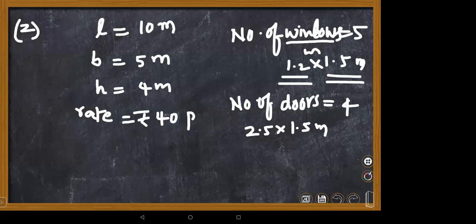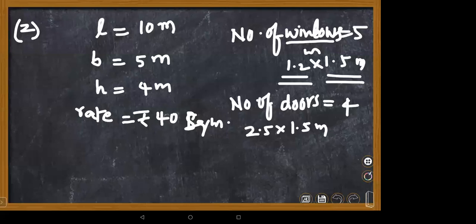Ma'am, first we need to find the area of the four walls, 2h into (L plus B). After that we need to add the area of the windows and doors, and subtract it from the lateral area. Then multiply by 40. Very good. Once you get the idea, it's completed. The question only looks big, children. Nothing is there in that.